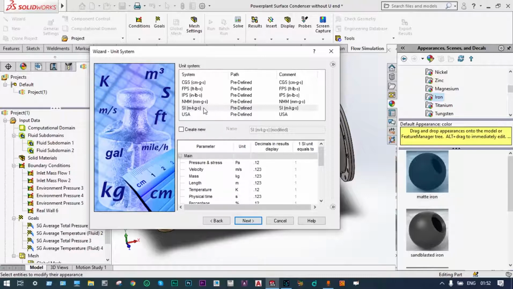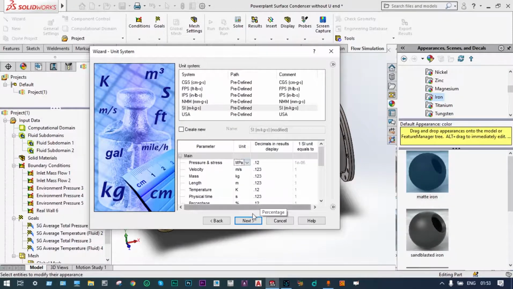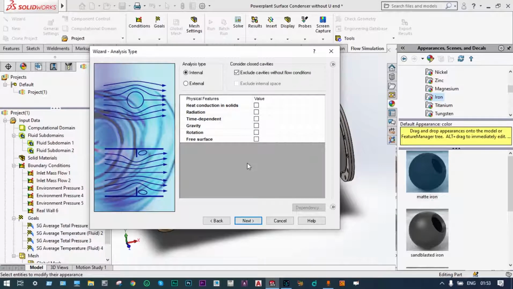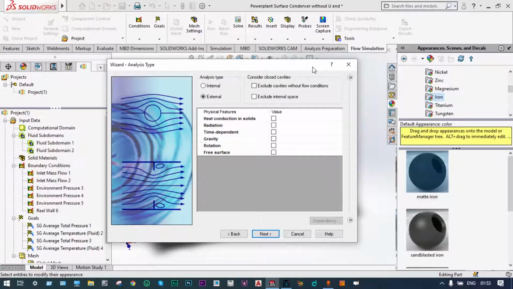and we're keeping the system as SI system, and temperature will be considered as degree centigrade, and pressure will be considered as megapascal. Next, this one can be considered as internal analysis, but we want to consider the airflow outside also. That's why we want to take this analysis as an external one. We want to consider convectional heat transfer at the outer surface from the shell to atmosphere.